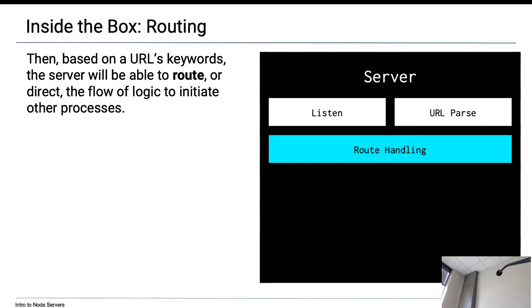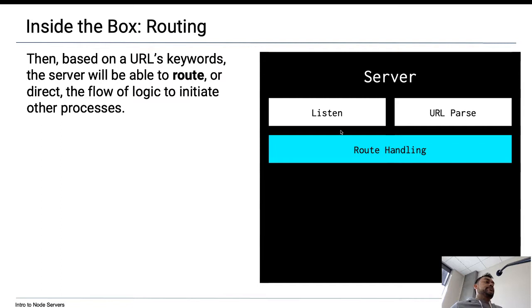So your server should be able to parse the URL and then route those requests accordingly. If your request comes in for the contact, it should have some conditions so that it only gives this page back. If it comes for home, it should give only the home page back. So it should be able to route those requests accordingly and correctly.